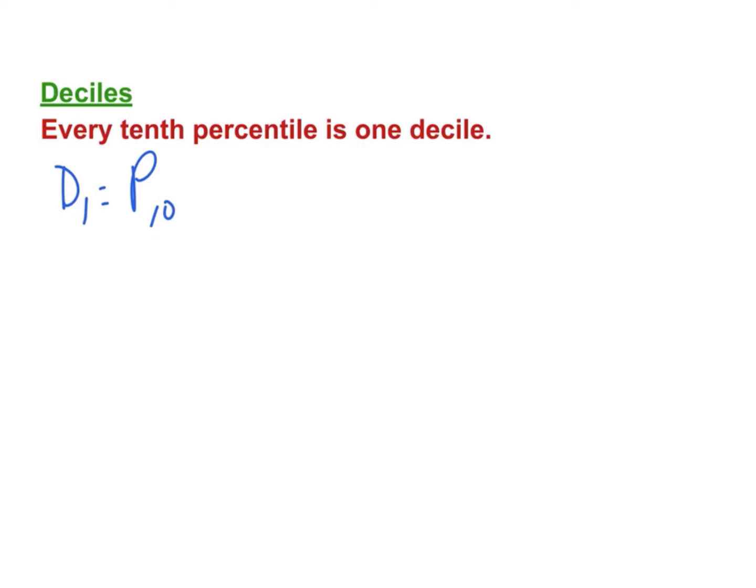What's the next one going to be? D2 is going to be the same as what? P20. What's D3 going to be? P30. P30, etc. You get the point. There's one here that's kind of special, though. Let's talk about it.